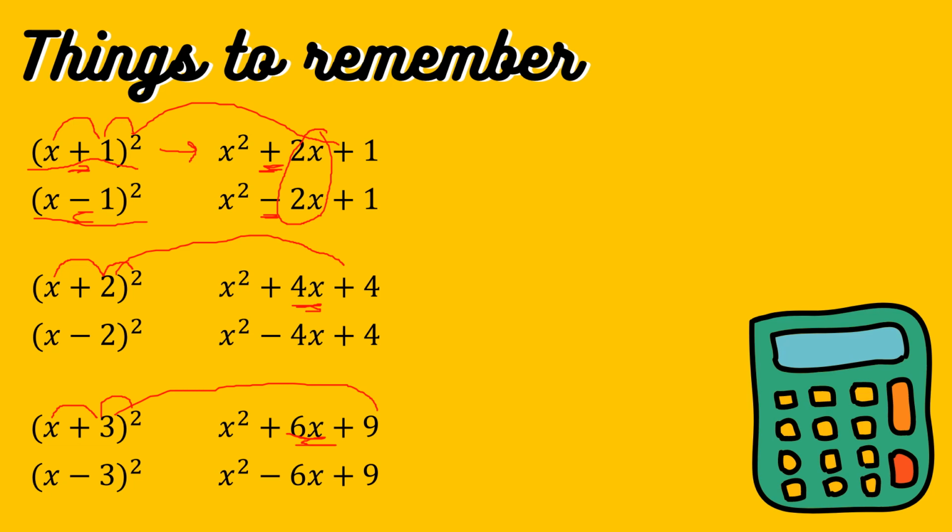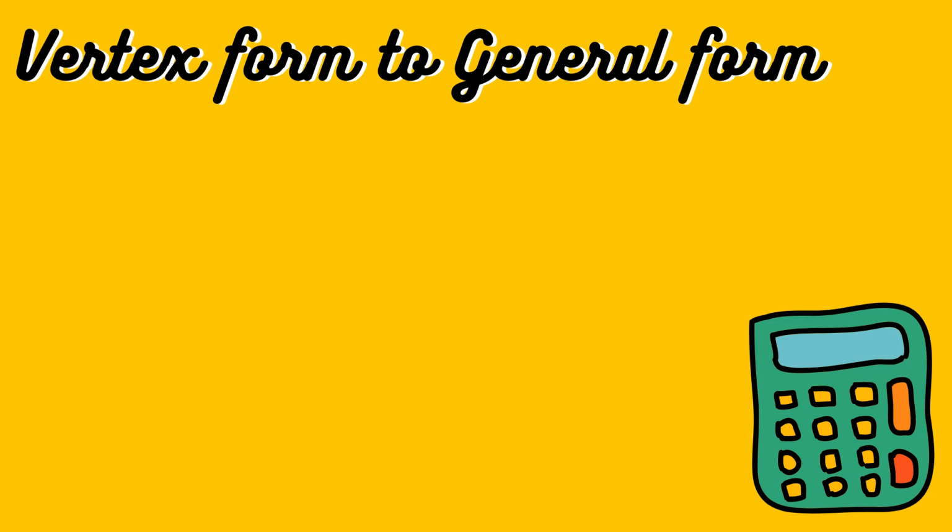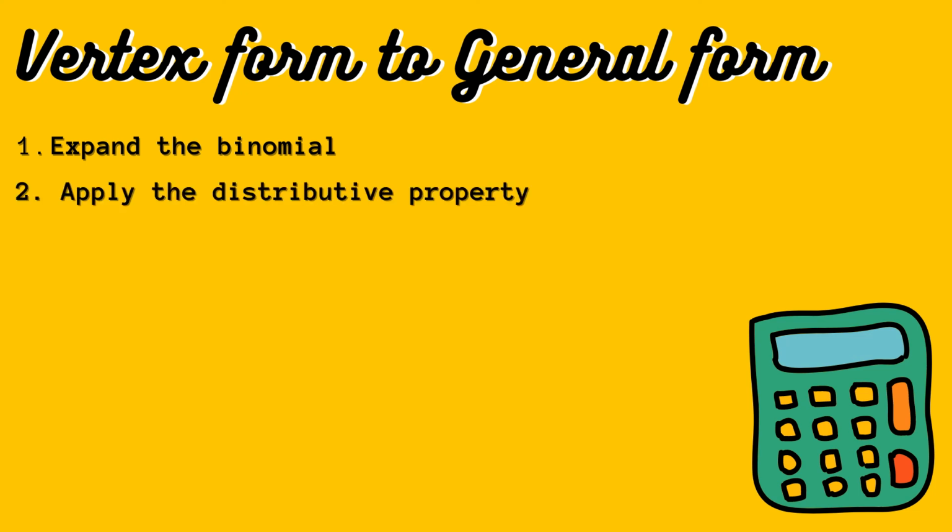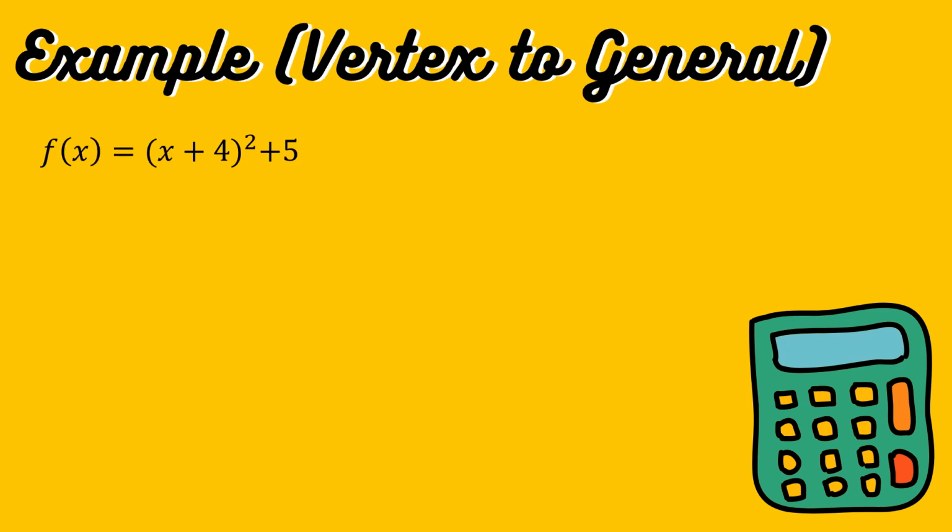and vice versa. Now, let's try to do the other way around, which is from vertex form to general form. So first, we have to expand the binomial, apply the distributive property, and then we should simplify the terms.